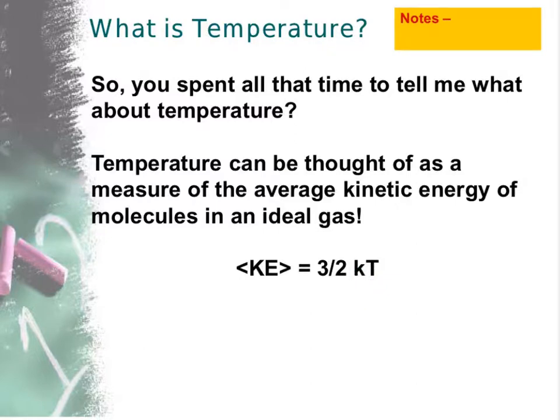So temperature can be thought of as a measurement of average kinetic energy of molecules. That's a pretty huge result. And that's the physical connection that we actually need. Until now, we were just thinking about temperature as how hot or how cold something is. But now we have a physical tie-in with the kinetic energy of molecules in a gas. Actually, average kinetic energy.